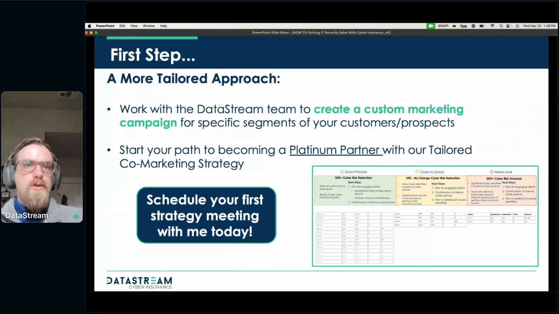We have also, this year, officially launched our more tailored approach. So we have all those resources for you at your disposal to do with as you see fit. If you want to tackle it on your own, wonderful. We've got all those resources loaded up in our partner portal to help you do that.